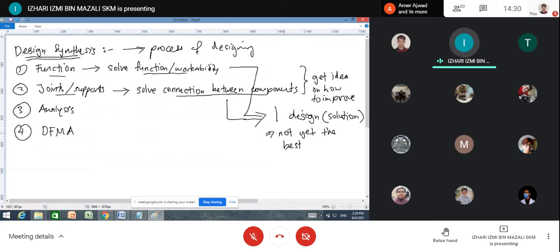Then we have one design. Okay, once we have this, then you can try to generate more solutions, more designs, because here you want to improve it.